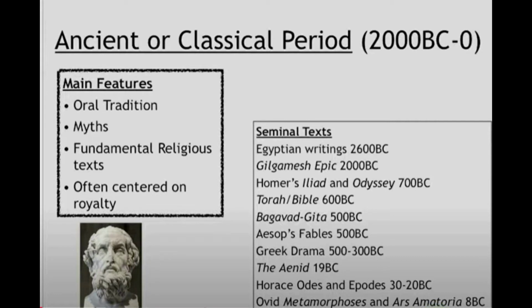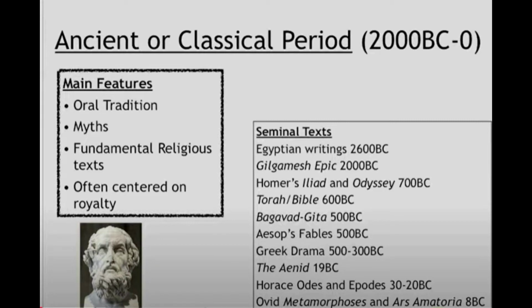Why did I start with these two periods? Here I would like to note that mostly the scientists of the world argue that the oral traditions take their beginning from these periods.